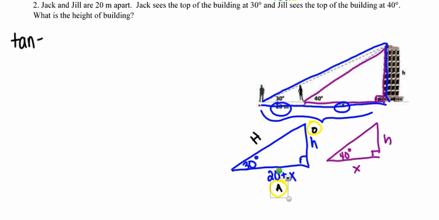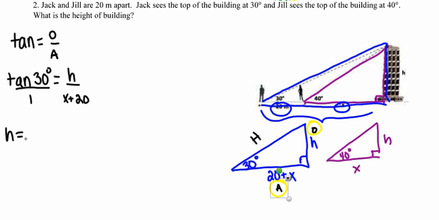So tangent is the comparison between the opposite leg and the adjacent leg, meaning that the tangent of 30 degrees is equal to the opposite side, h, over the adjacent side, x plus 20. So this is a little different in that when we go to cross multiply in one direction, we find h, but in the other direction, we find our product is x plus 20 times the tangent of 30 degrees.